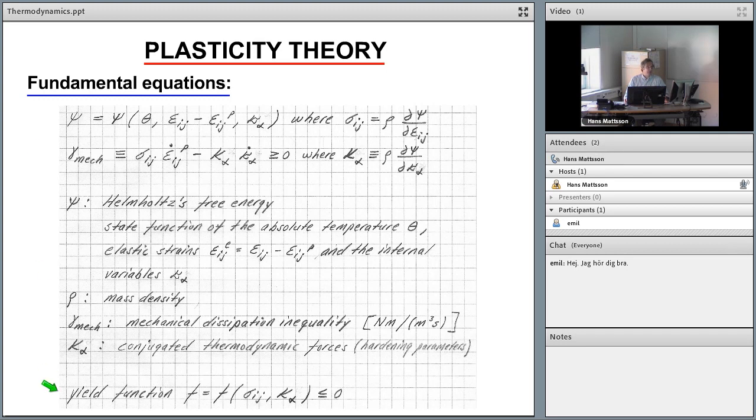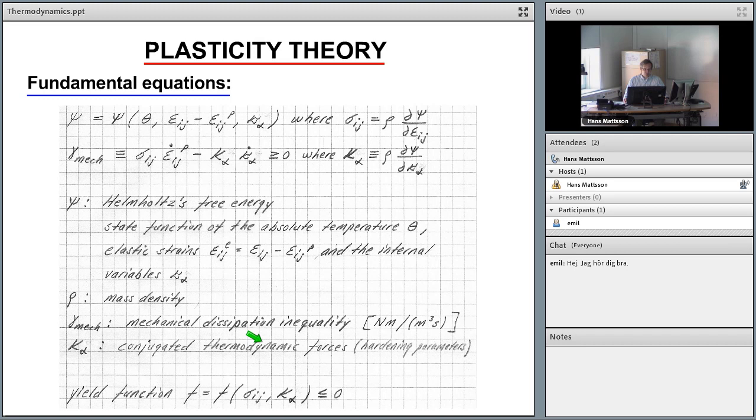We need a yield function, and it's quite obvious that the yield function should be a function of the stress tensor, but since in these equations here the stress tensor and the strain tensor are energy conjugates, and we also have these conjugated thermodynamic forces that are energy conjugated to the internal variables, then it's logical also to put the conjugated thermodynamic forces as parameters in the yield function.